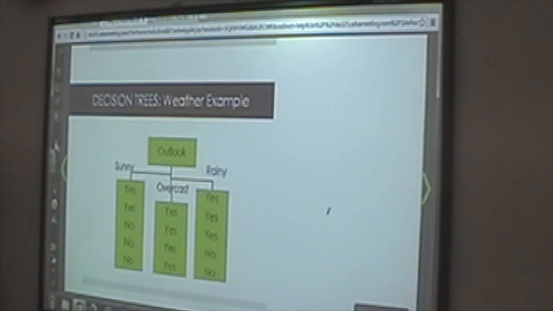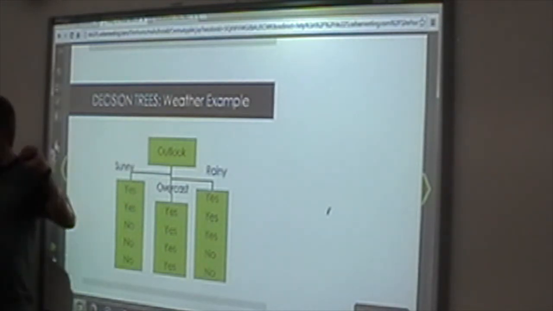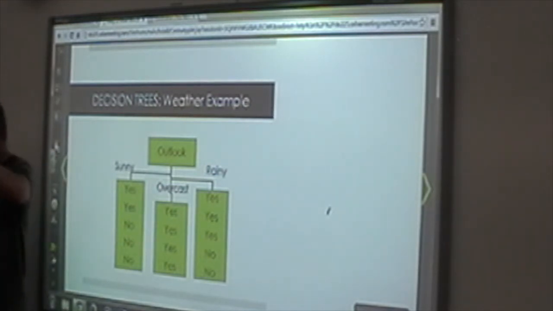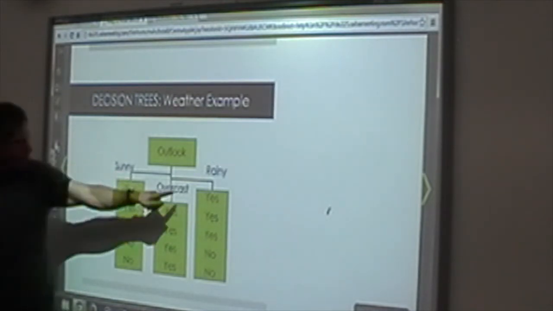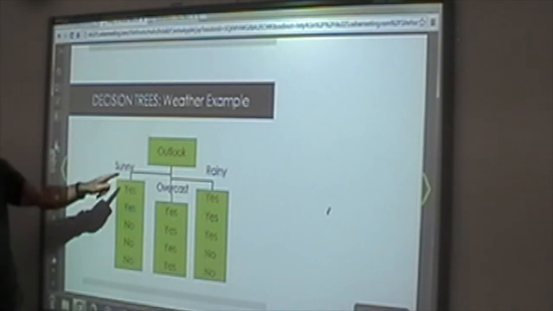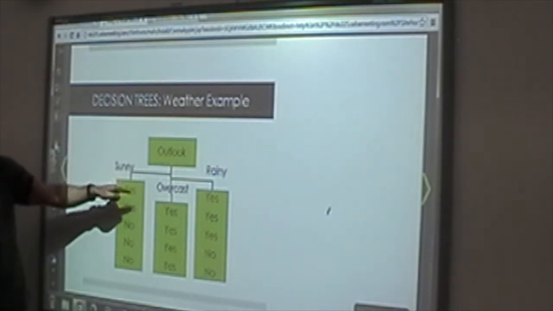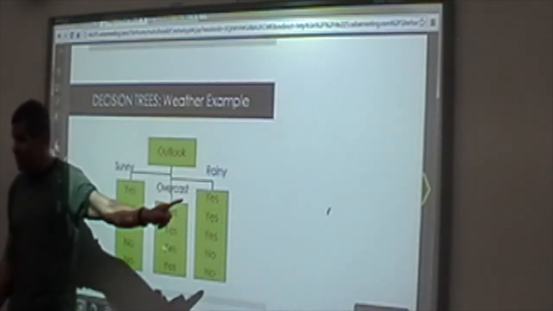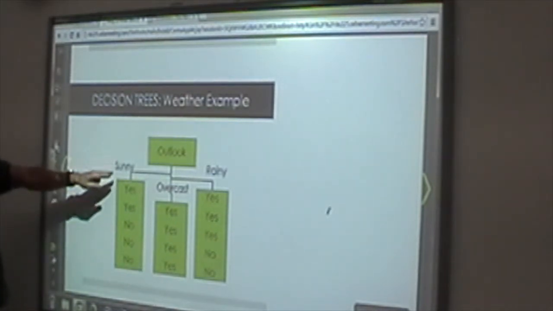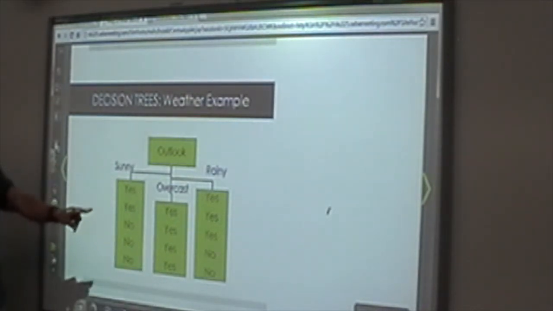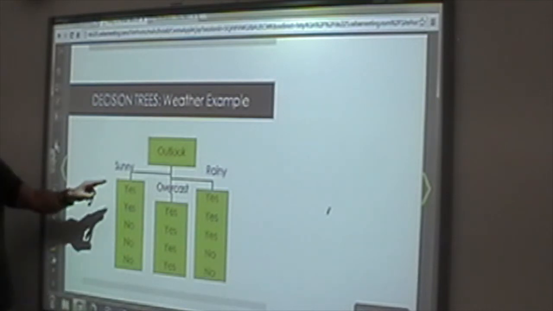So here's the example. There's one possible tree. Here I've used Outlook as the root, and I've only done the first step in the tree. So we've got the 3 possible labels. The Outlook could be sunny, overcast, or rainy. And below there, I've listed the outcomes from all of the instances.